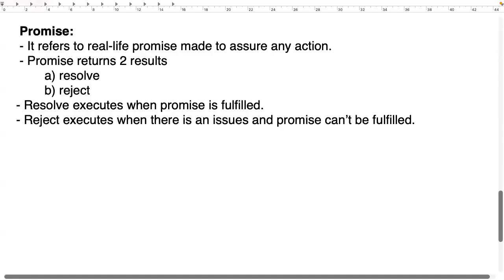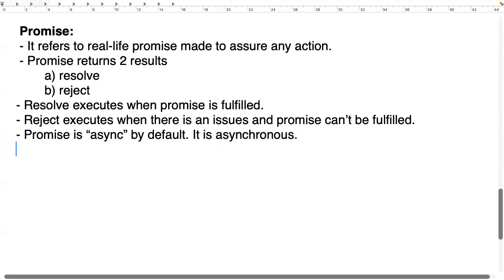The speciality is the same thing callback is also doing: on success one work, on failure another work. Then what is the difference? A promise is async by default. That means it is asynchronous. Asynchronous means it uses a non-blocking technique.